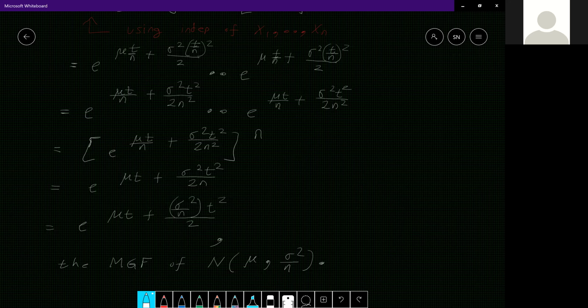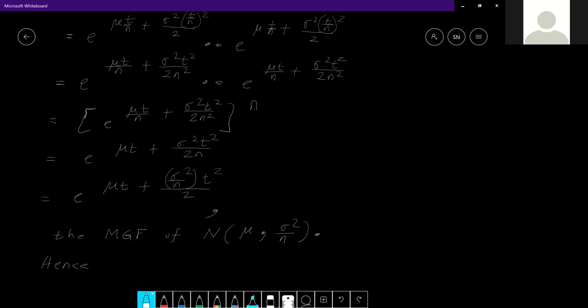So hence we have shown that X bar, the sample mean, must have a normal distribution with these parameters. All right, so the proof is complete.